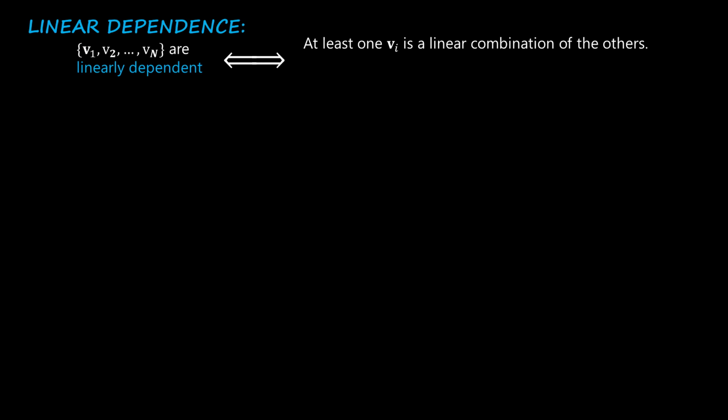For example, imagine that the last vector of the set, vn, can be written as a linear combination of the others. It is important to realize what the implications of this are. Consider the span of the set of vectors. If it turns out that vn is a linear combination of the others, this means that the others can be added together in some way to produce vn.